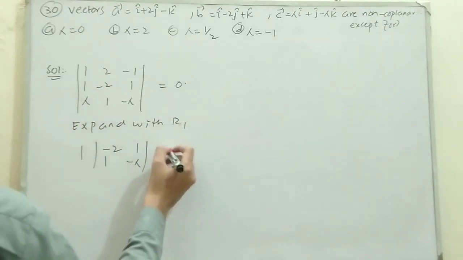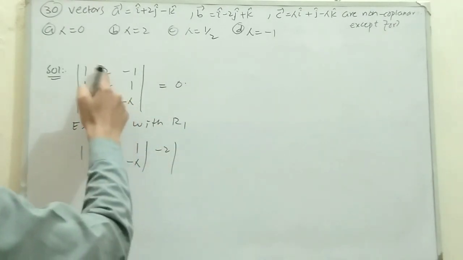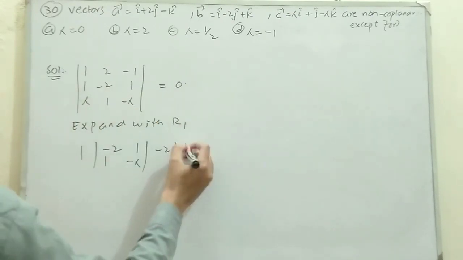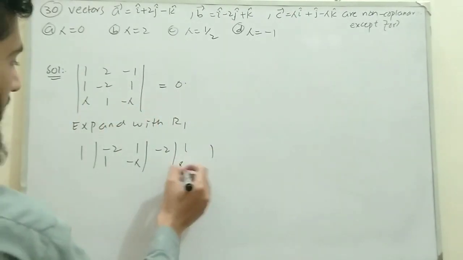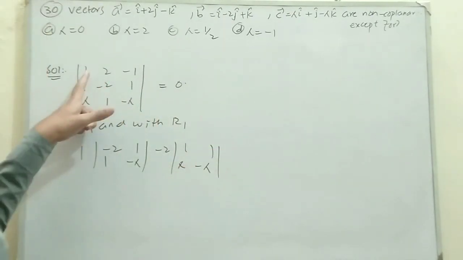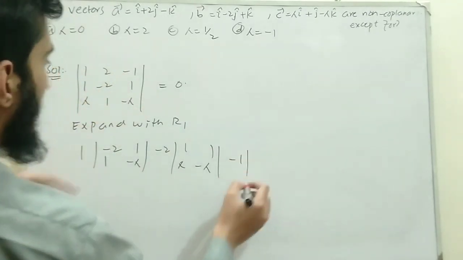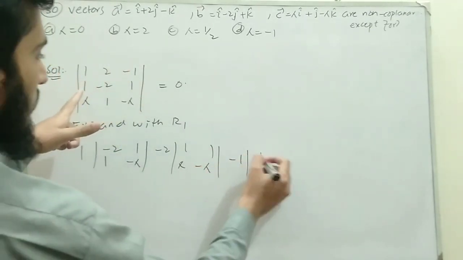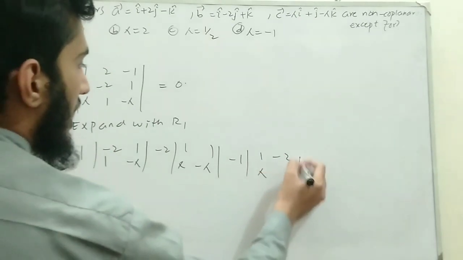Here we have minus 2, and we will cross second column and first row. We are left with 1, 1, lambda and minus lambda. After this, we have plus minus plus, so it becomes minus 1. Cross this column and this row, we are left with 1, minus 2, lambda and 1.